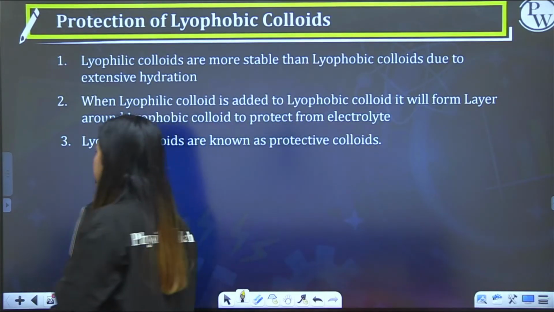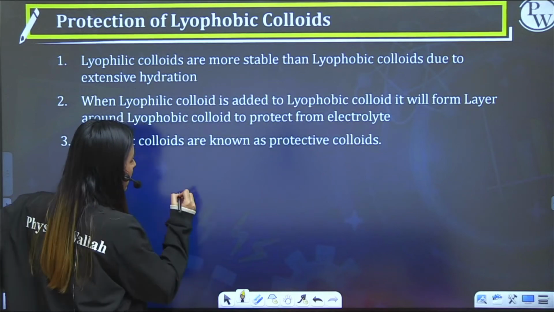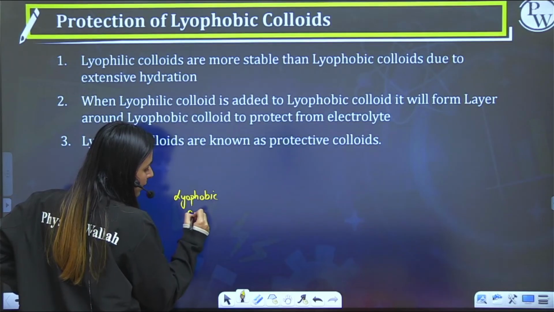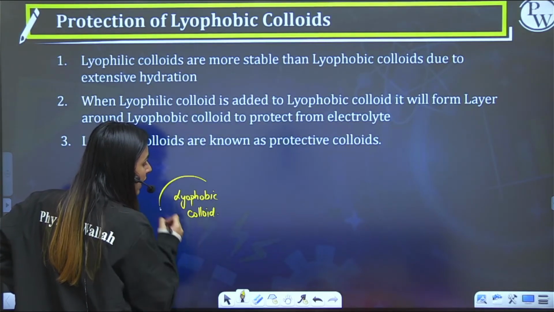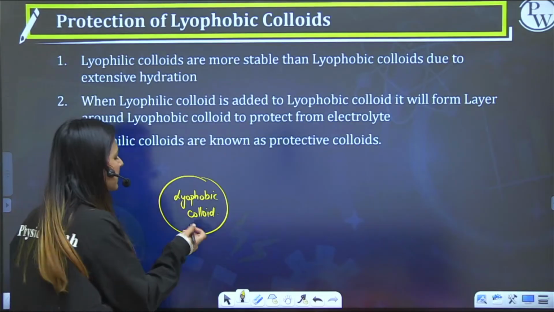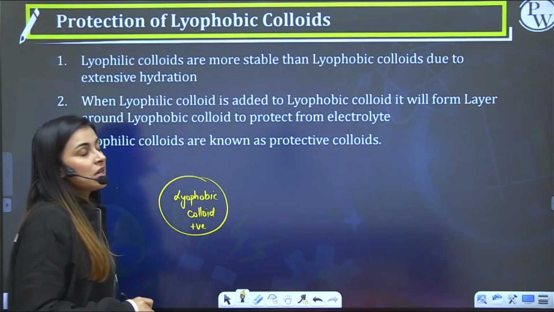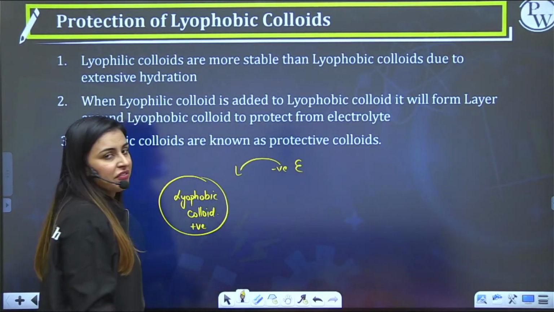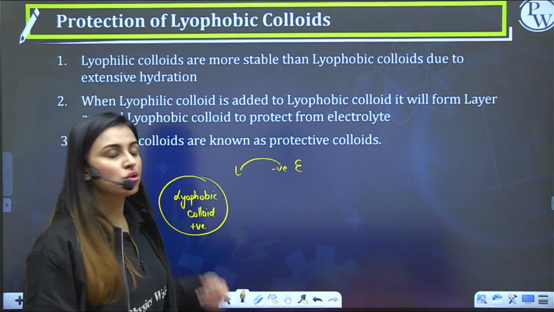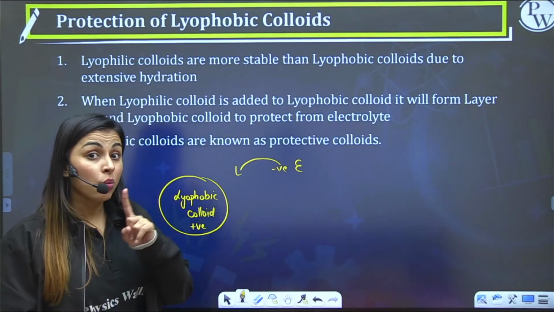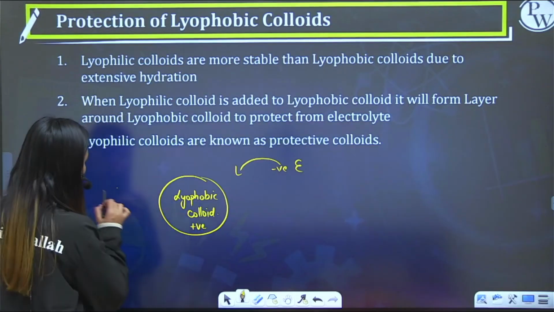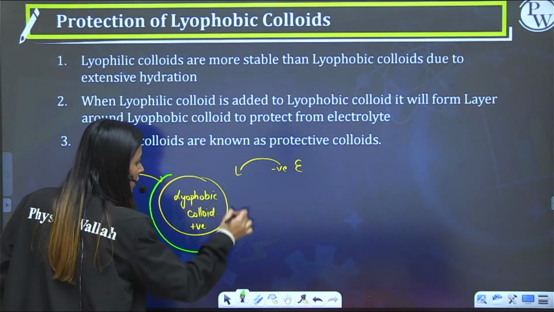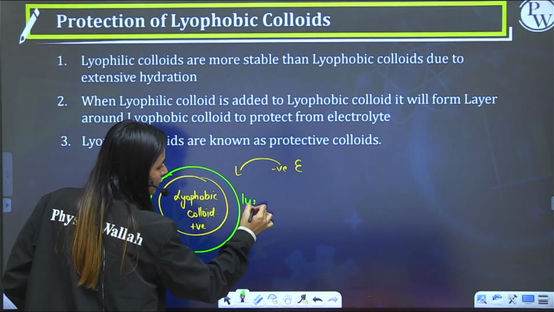Just think in normal layman language. Let's say you have a lyophobic colloid and it is very unstable, of some particular charge, positive. If some negatively charged electrolyte comes, it will definitely coagulate it because it will destroy its charge. What if I apply a layer of lyophilic colloid around it?